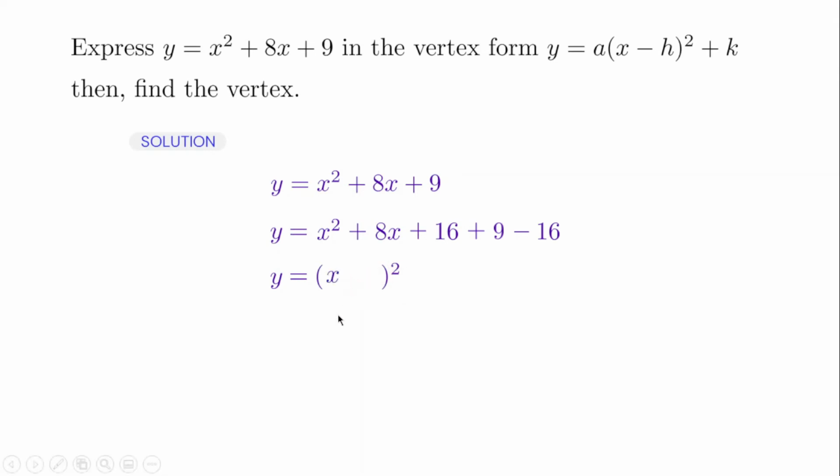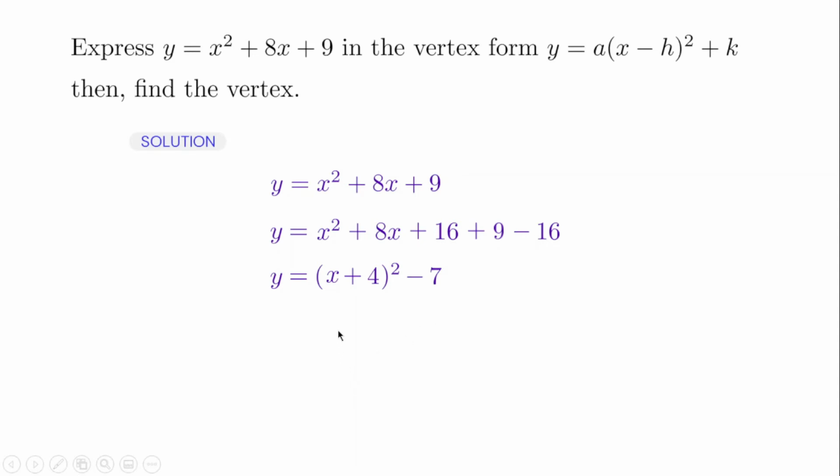So we have x plus, to get the term here, we just get the square root of 16, which is 4. Or we may just get half of 8, so 8 divided by 2 is also 4. And then we have a positive 9 minus 16, that is negative 7.